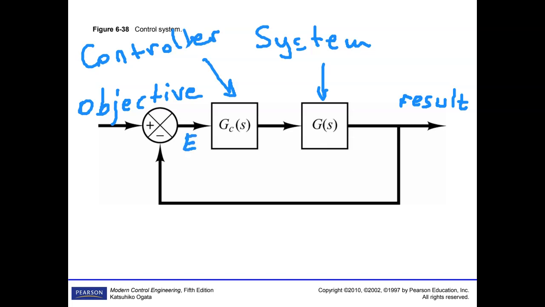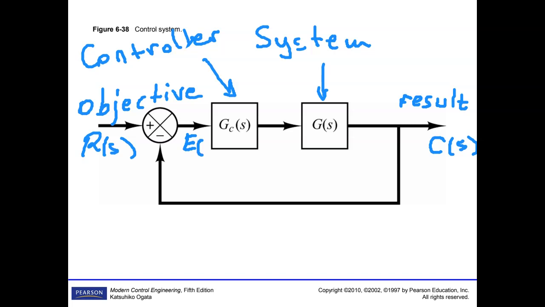The difference between your wish, R(s), and your result, C(s). Ogata uses C(s), Hoft uses Y(s). Both are acceptable. Okay, so that's the error.